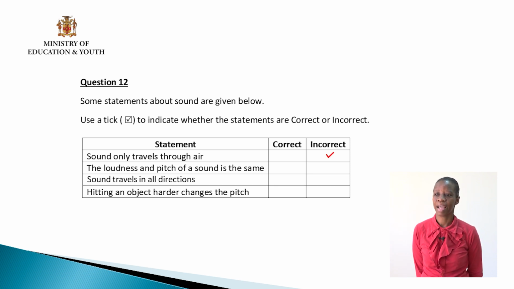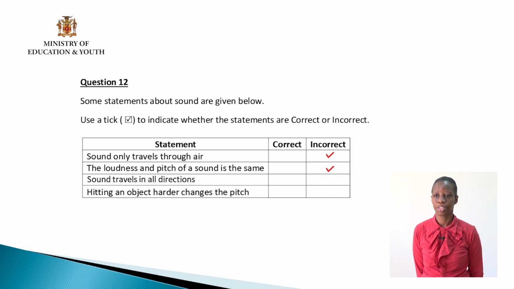All right, let's try again. The loudness and pitch of a sound is the same. No, that is not correct, because we were just discussing earlier that you can have a loud sound of a high pitch and a loud sound of a low pitch. So they are not the same. Here's another one. Sound travels in all directions. Yes, from the source, the sound will travel in all directions.